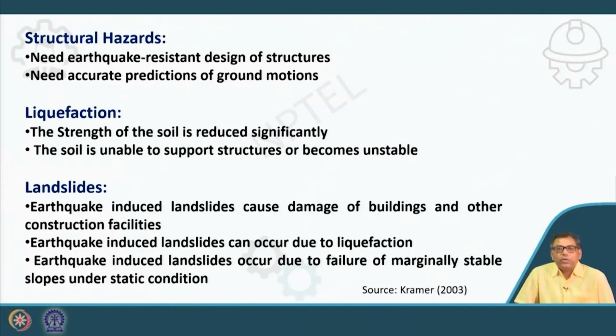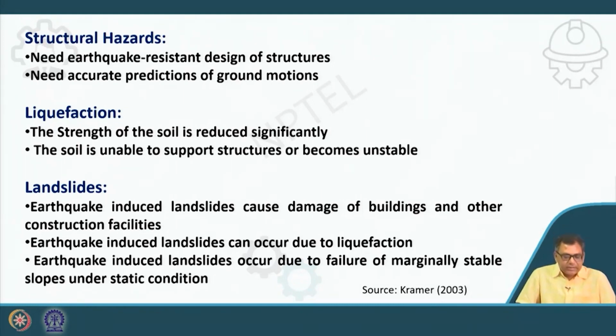So liquefaction is a loss of strength of the soil, such that the soil is unable to support the structure and becomes unstable. When the strength of the soil is reduced and a structure is placed on it, it will be unable to support the structure and it will become unstable.